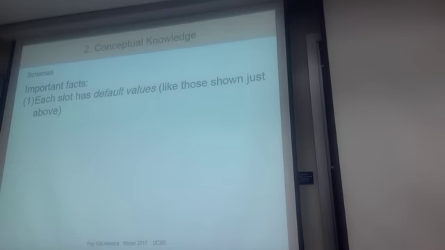So there are ISA slots, so a house is a building, that's one of the default values there. There also are made from default values, so a house is made from stone and brick, and so we have these sort of things that come most readily to mind, the most typical things about that category. Those are the default values.